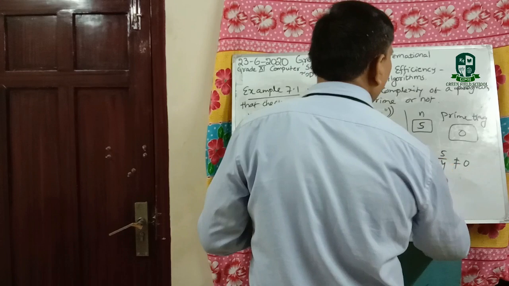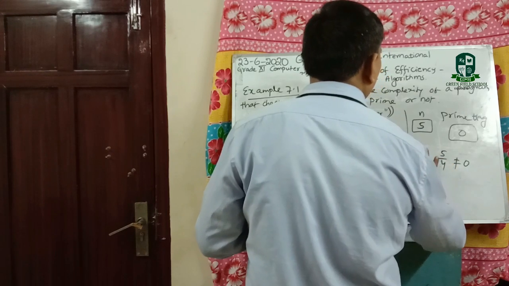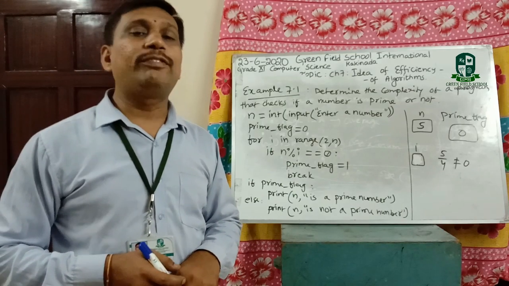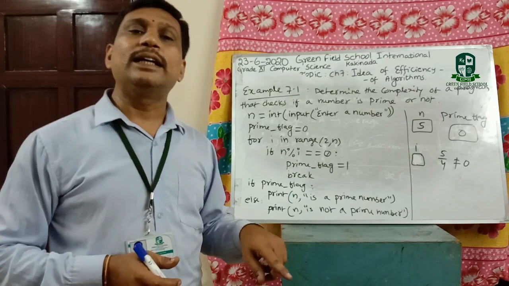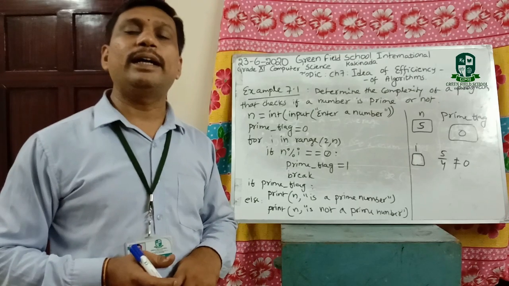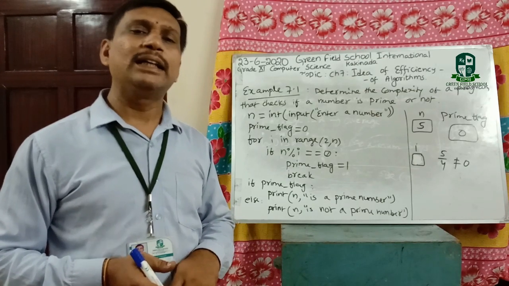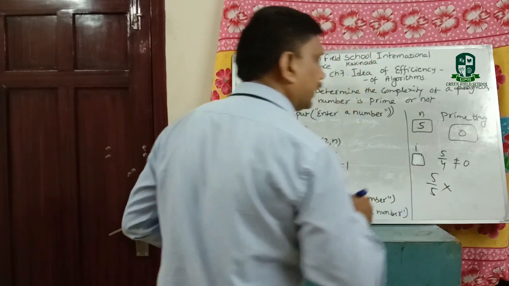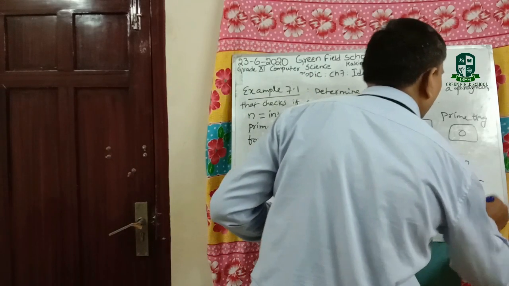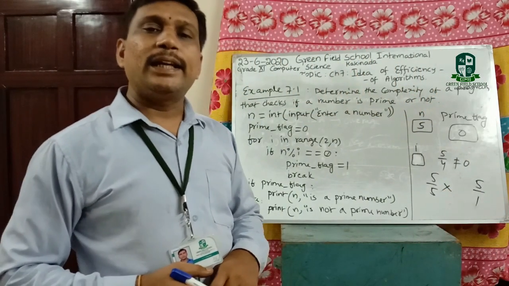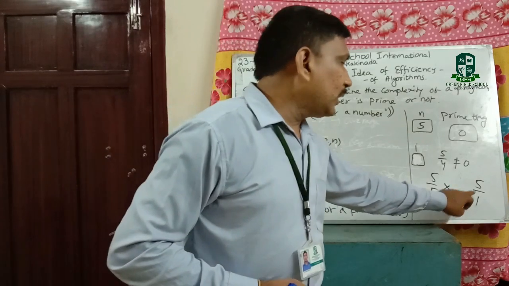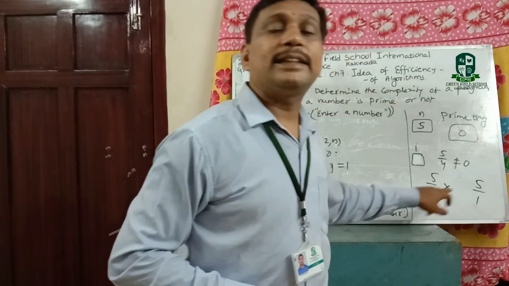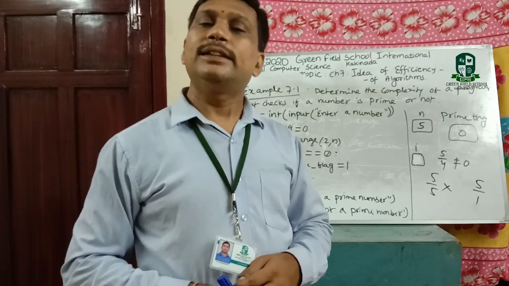So we consider 2, 3, 4, but we do not consider 5, because every number divided by itself always returns remainder 0. That's why we do not consider 5 by 5, and we do not consider 5 by 1. These two always return remainder 0.